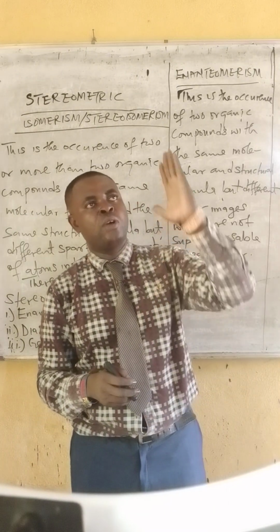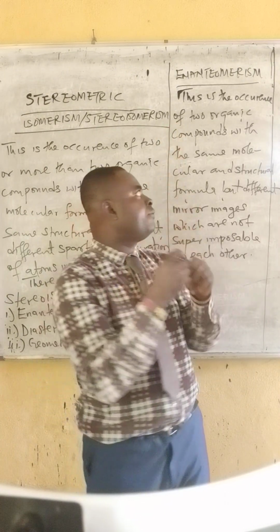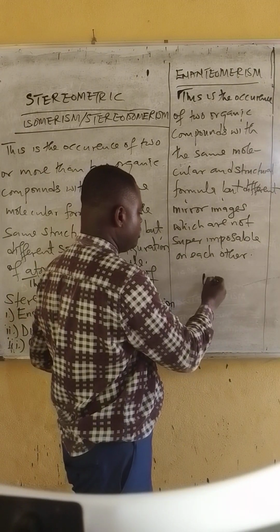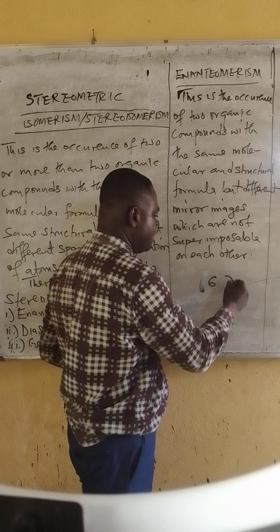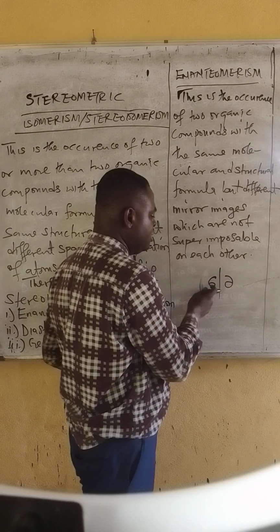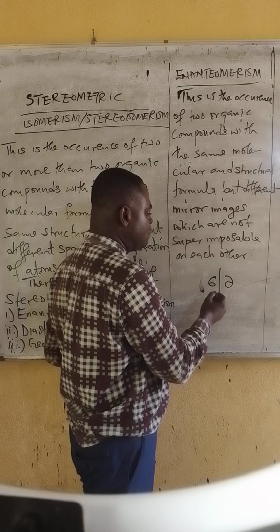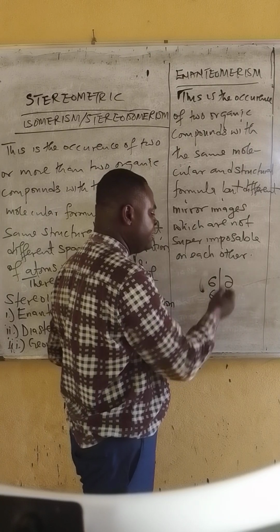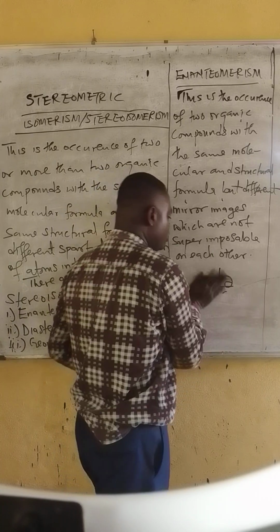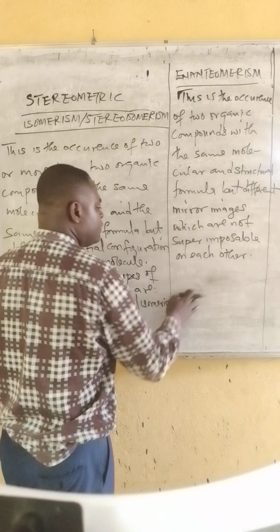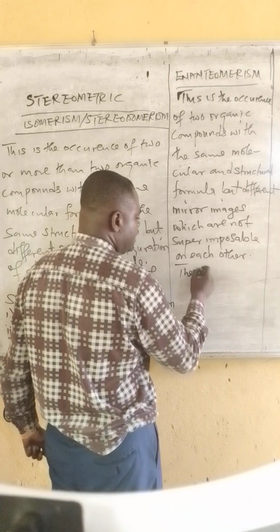If we take a mirror to look at a wall clock, the image will be reversed. So this one is the mirror image, and the two of them are not superimposable.